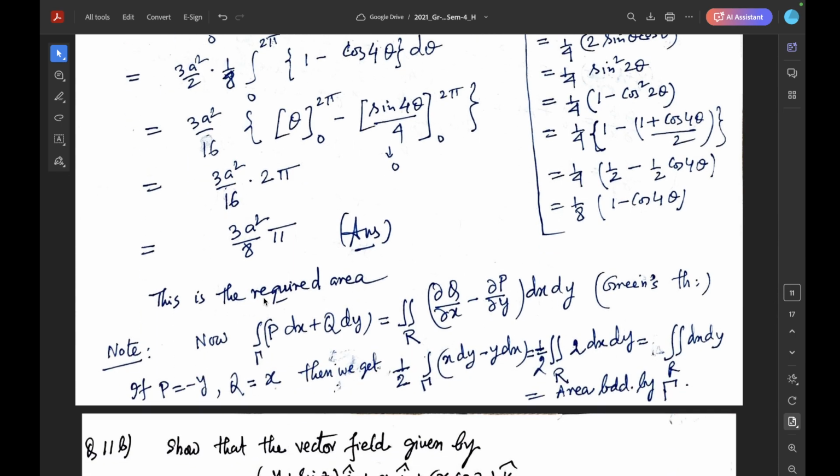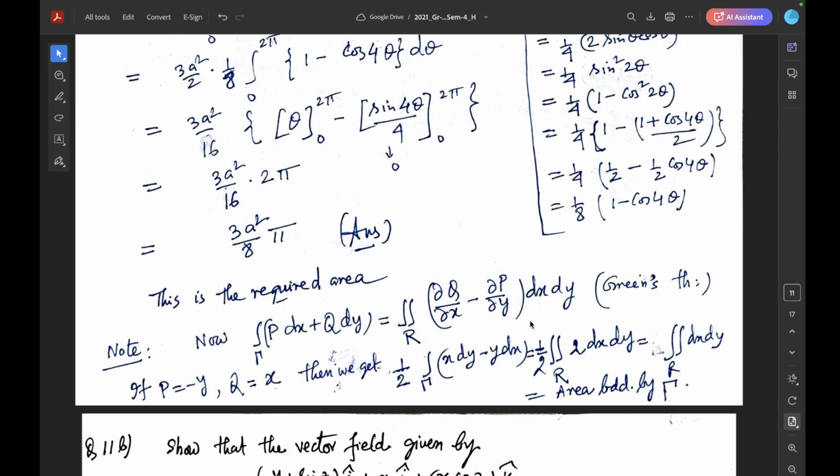Note that this integration over gamma of p dx plus q dy equals double integration over region R of (del q by del x minus del p by del y) dx dy. This is Green's theorem.